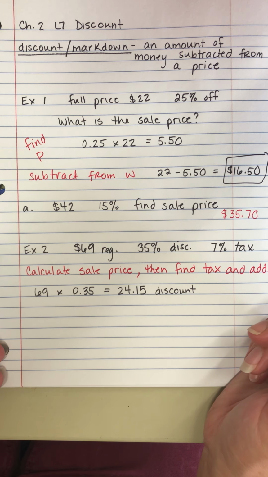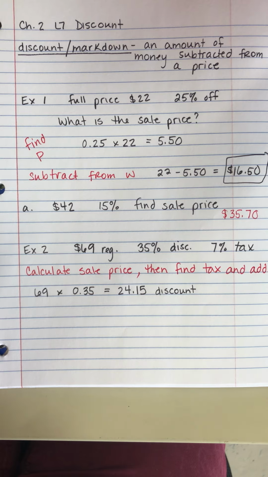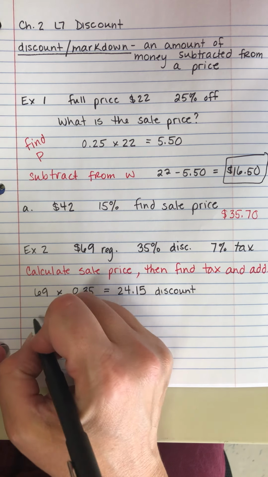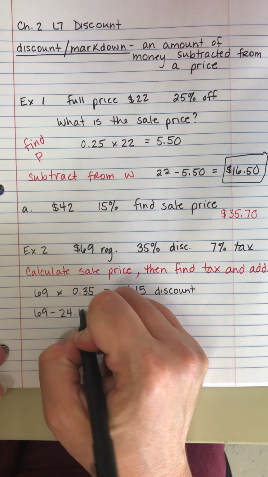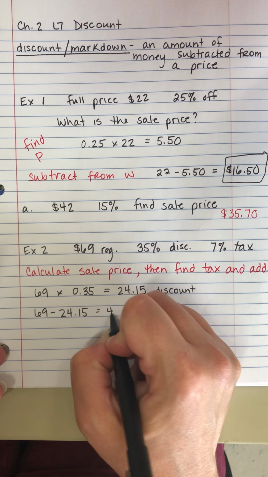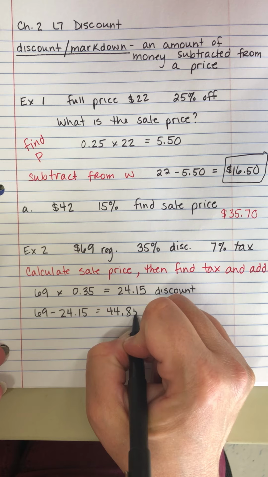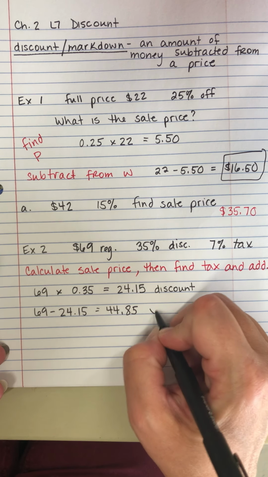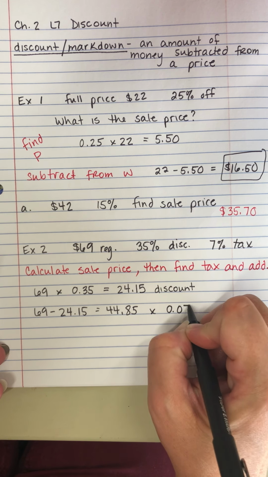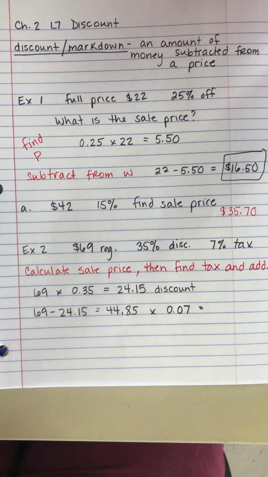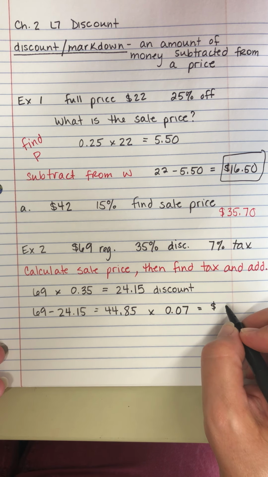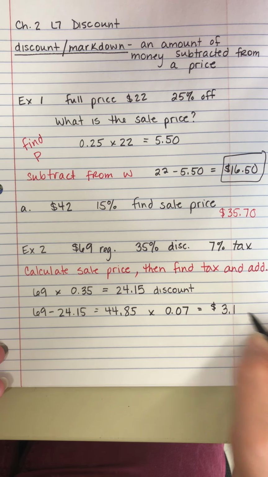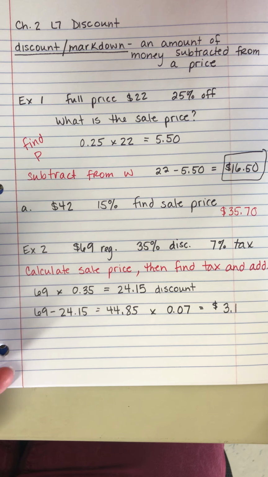I have to subtract that off. So 69 minus that 24.15 is 44.85. Then I'm going to times that by my tax amount, 0.07, to get a tax amount of $3.14. Well, it's 3.1395, but we always round to the nearest cent.